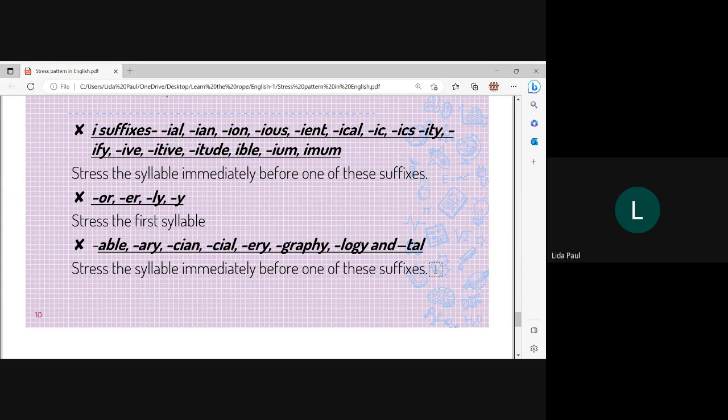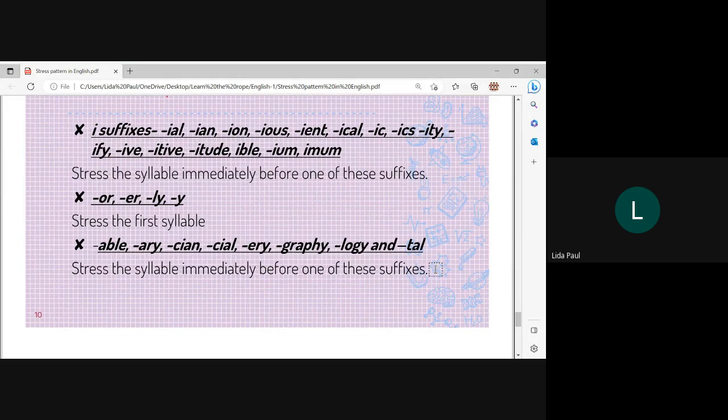So an example with or, the first one: director, mentor. They're all going to take the stress on the first syllable. And then the er one, you have a lot of examples: teacher, speaker, dancer.